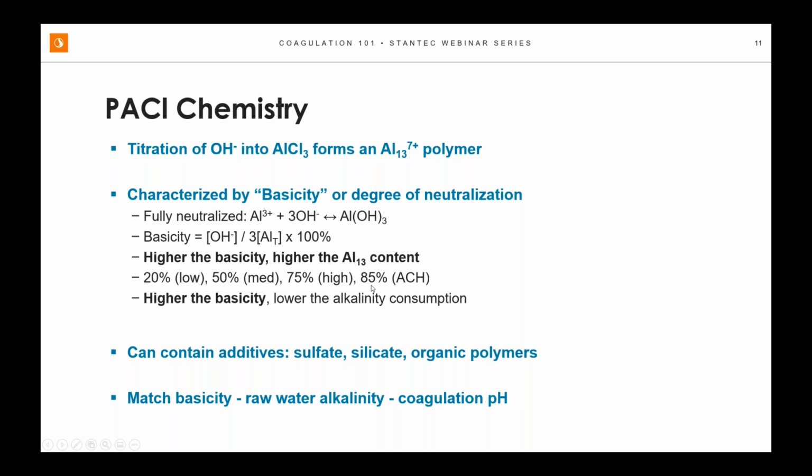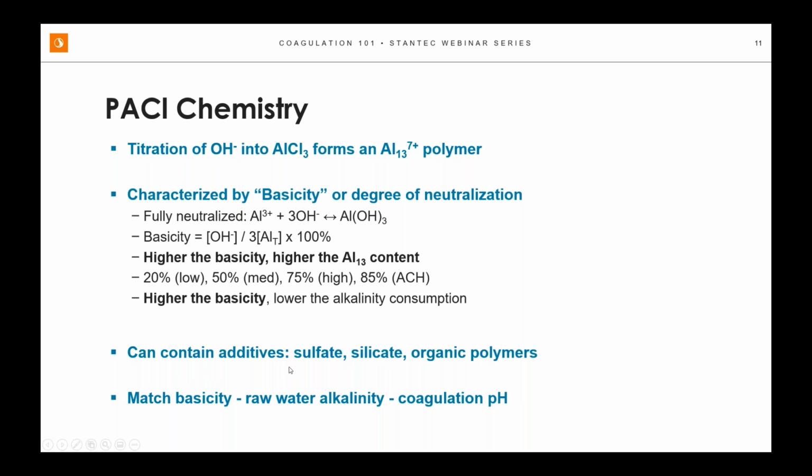And then for reasons unknown to me, very high basicity PaCl, stuff that's around 85%, is called aluminum chlorohydrate. No one has yet given me a good explanation for this. If anyone knows why, other than marketing obfuscation, please let me know.